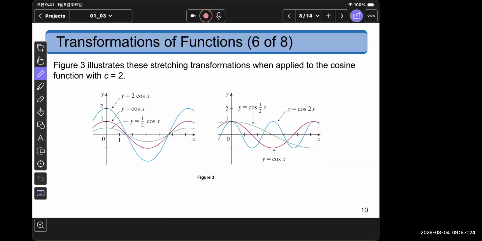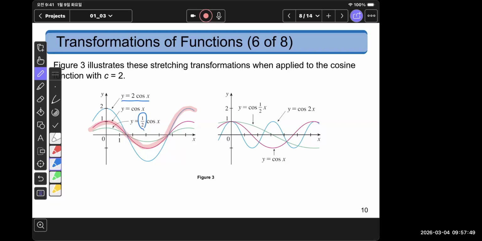So, as I said, if you have the graph of, say, the cosine function, if you multiply 2 to the cosine, you need to consider the stretching vertically. If you multiply 1/2 to cosine, you need to shrink the graph vertically.